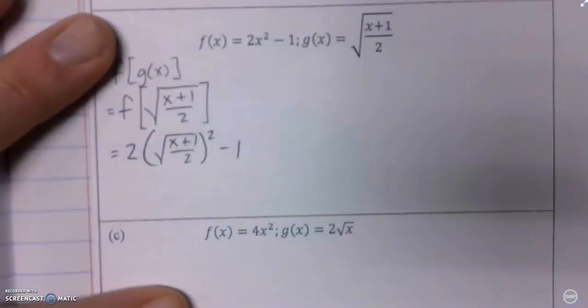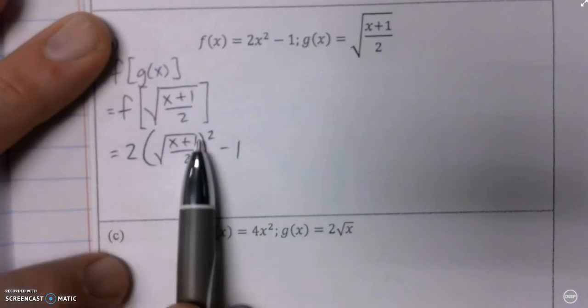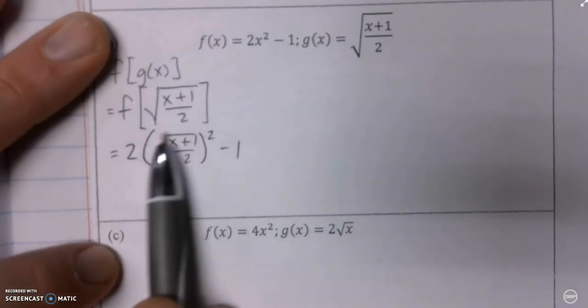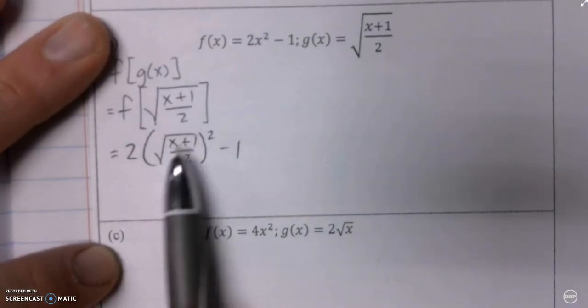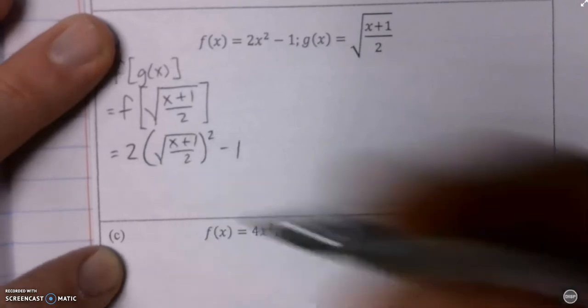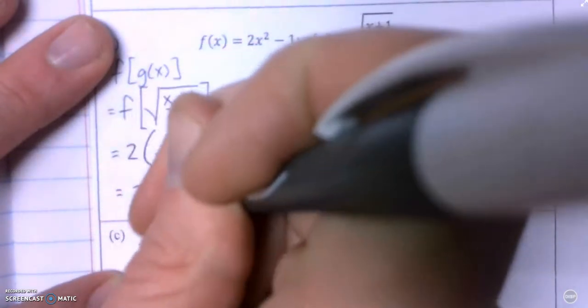So I need 2 times this big old radical thing squared minus 1. Now, the thing here is that if you multiply the square root of something by itself, you're going to get the something. So you're going to get 2 times just the x plus 1 all over 2.